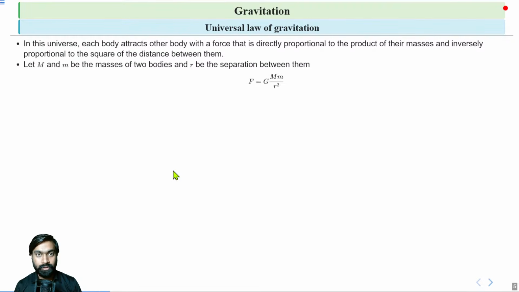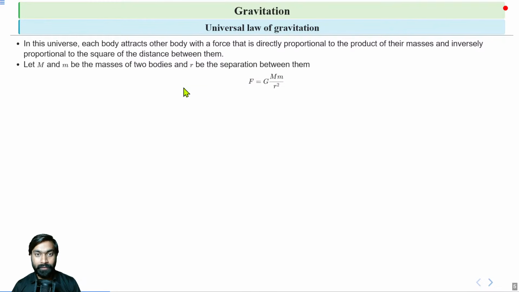So to understand the universal law of gravitation, we have a mathematical relation. According to the universal law of gravitation, every body attracts another body with a force. That force is here capital F, and that force is directly proportional to the product of their masses.